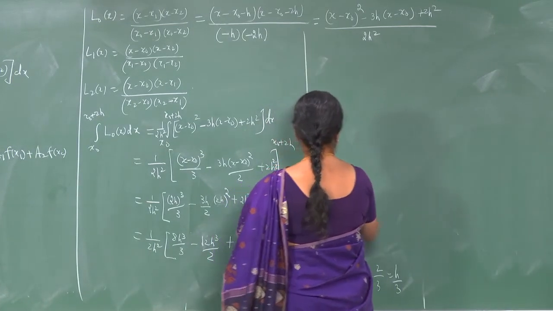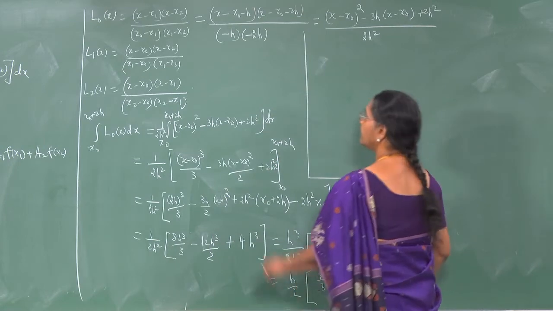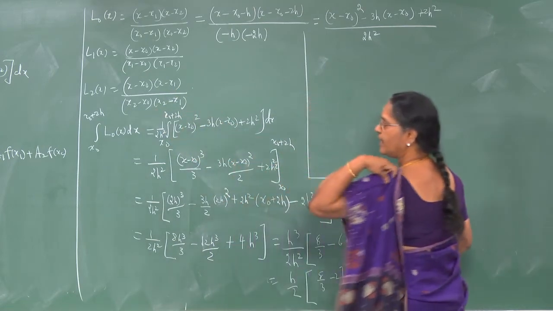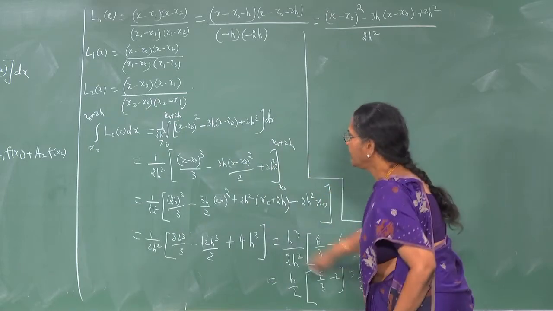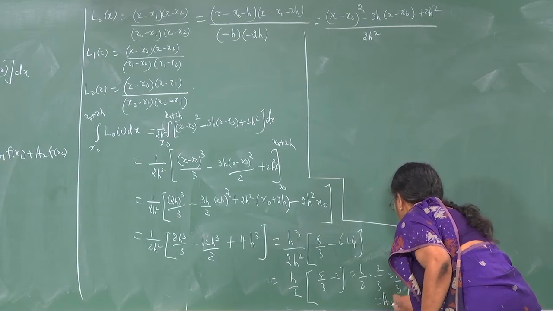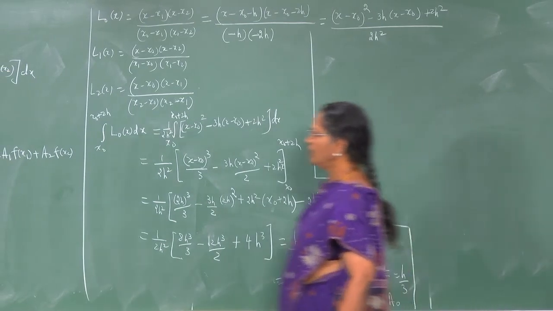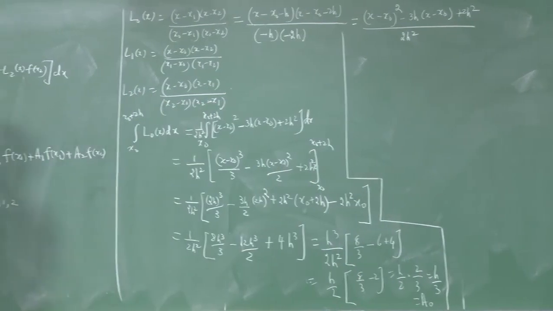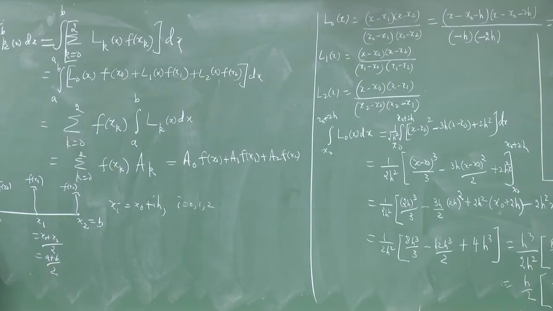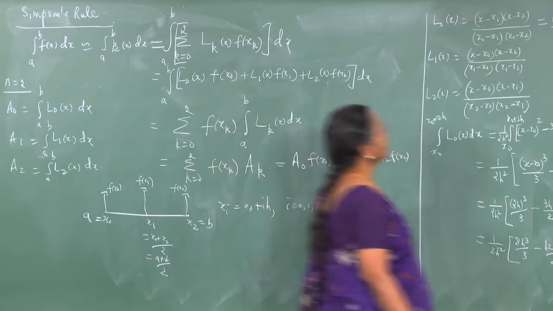Similarly, we must evaluate the integrals of L1 of x dx and L2 of x dx. We have obtained the value of the constant a0, which is the integral of L0 of x dx. So, let us now compute a1.